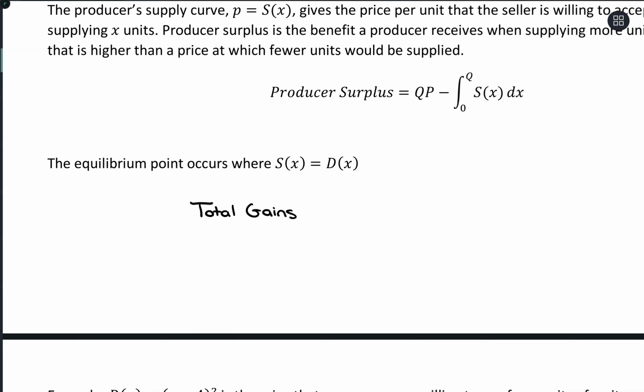Total gains is where you add together the consumer surplus and the producer surplus. If we add those two surpluses together, that's what we call total gains.